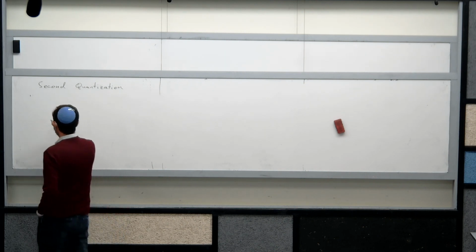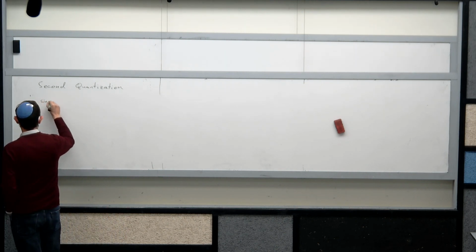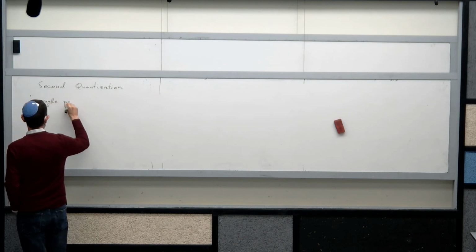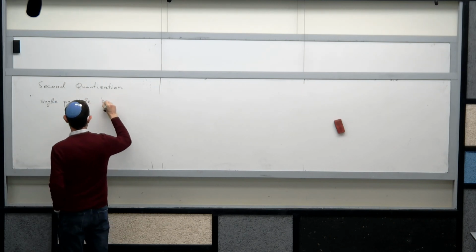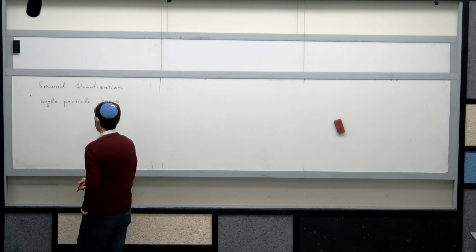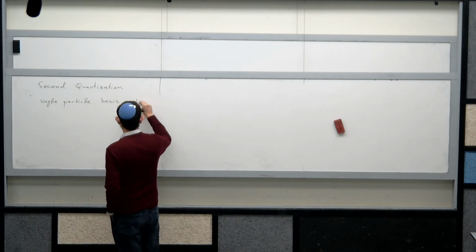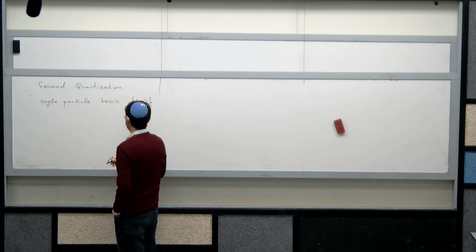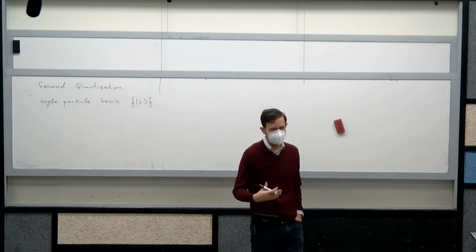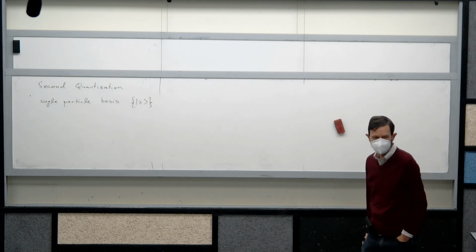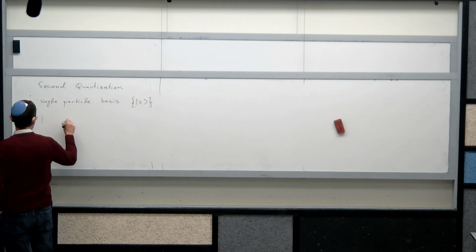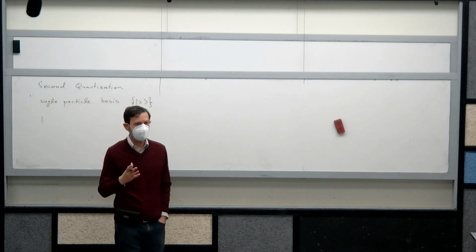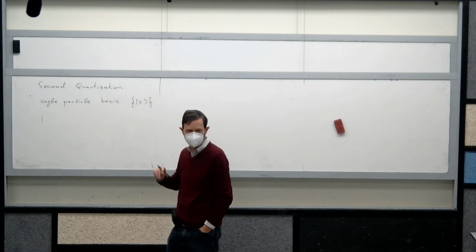Okay, so I have a single-particle system that has some states, and the many particle state is described by how many particles I have in every state.